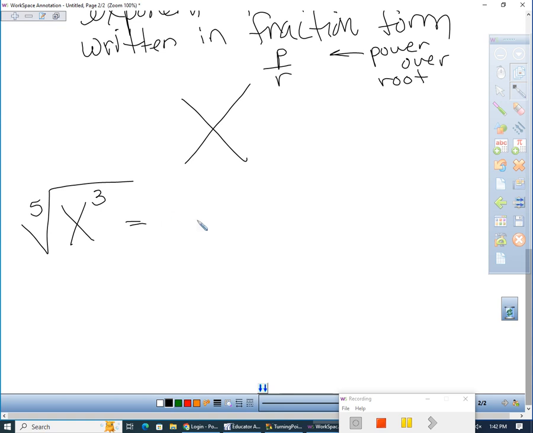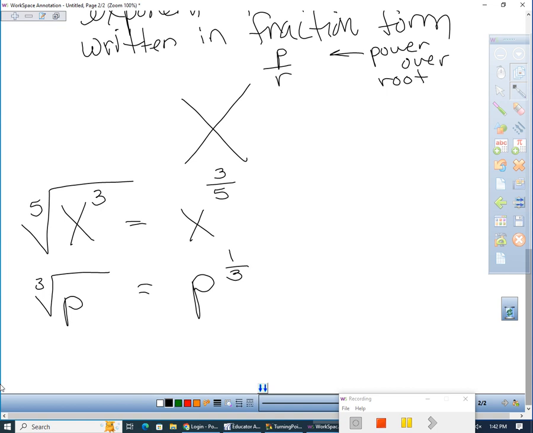This is the same as x to the power over root. Say I have the cube root of p. This is p to the power of 1 inside a cube root. Power over root.